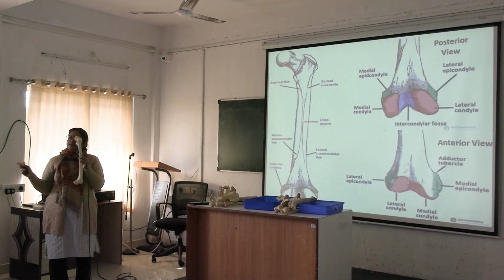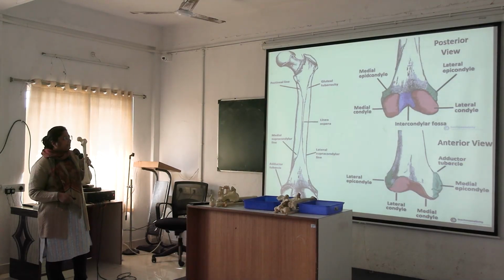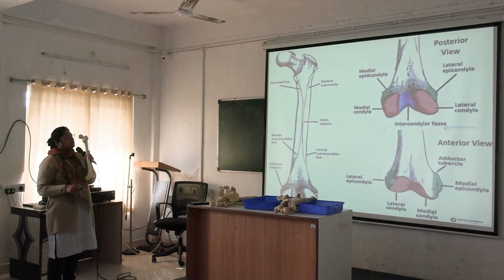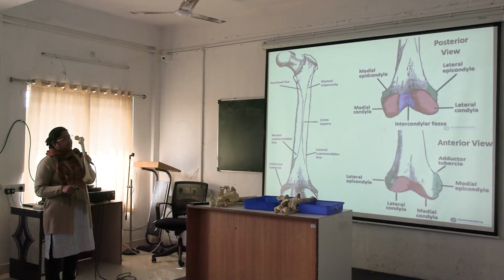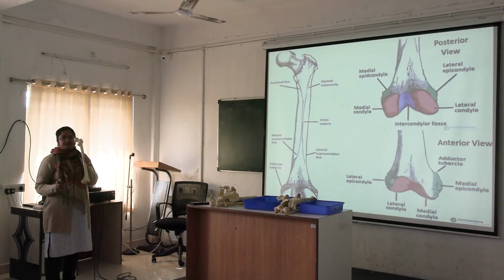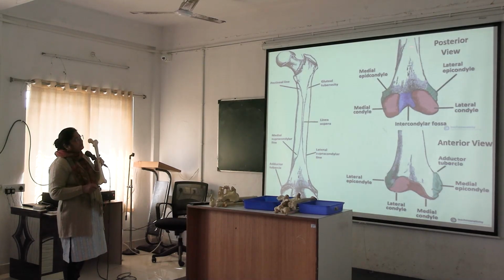These are important ligaments of the knee joint. So this part is the intercondylar fossa, and this is the articular surface for the tibia, and anteriorly the articular surface for the patella. These are the epicondyles, lateral epicondyle and medial epicondyle. And this is the popliteal surface.